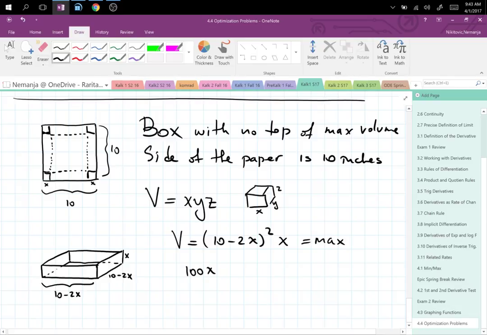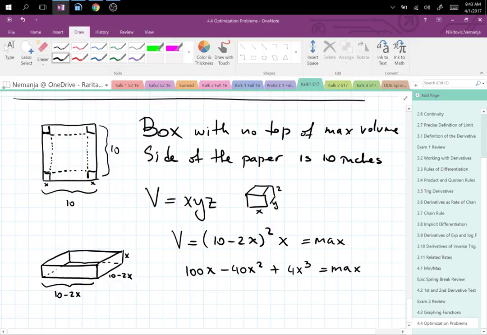Minus 40x squared, and then plus 4x cubed is equal to a max.